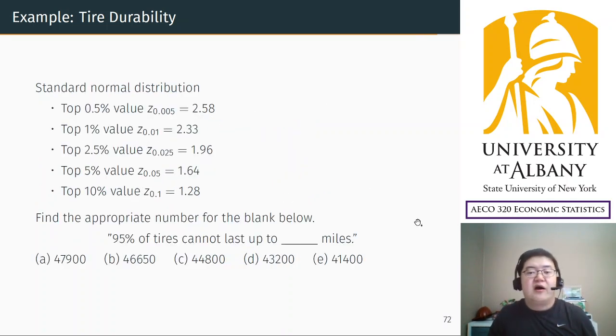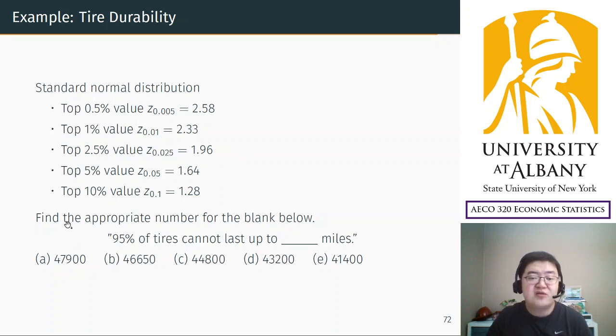Okay, then the last question of this slide is, I gave you the values for top certain percentage values from the standard normal distribution. By the way, these 5 numbers are usual suspects. You are going to see them a lot in the following slides.